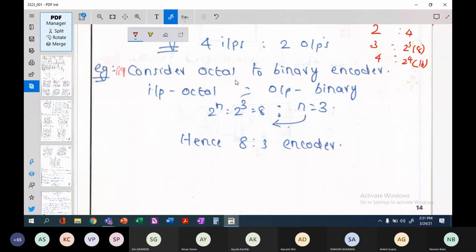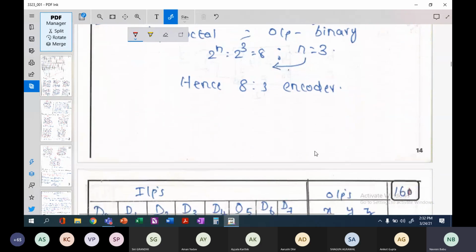So this can be an octal to binary encoder, your input is going to be octal and your output is going to be binary. So for octal, let us consider a 3-bit binary output. So if it is 3 bits, n will be 3. So how many inputs will be there? 2 power n, 8 input combinations will be there. So this will be an 8 cross 3 encoder.